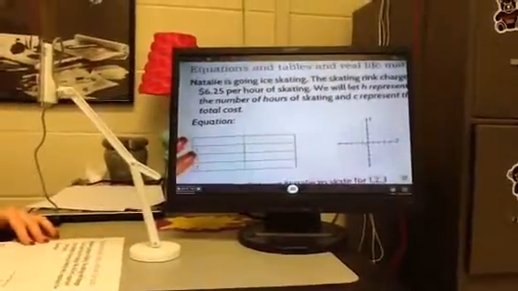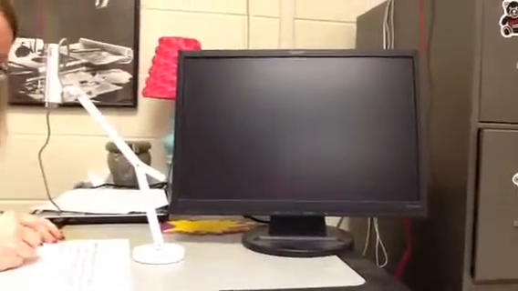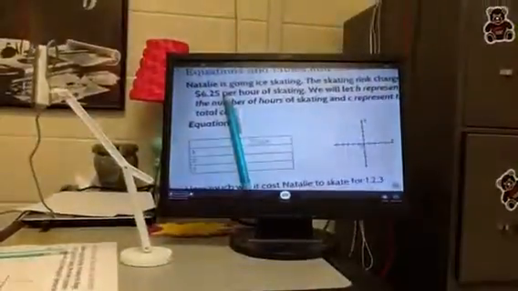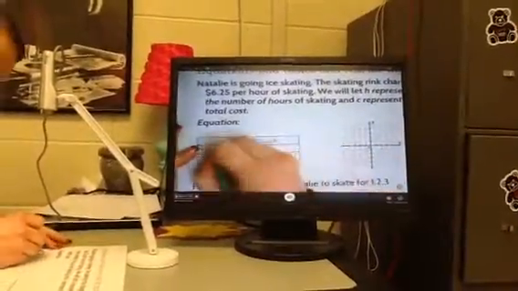Okay, so now that you've had time to work on this, you're going to have H represent the number of hours and C represent the cost. So the C is going to be over here. Oh, hold on, my screen went black. There, now you can see. Okay, so the cost will be over here, and the hours is going to be over here.